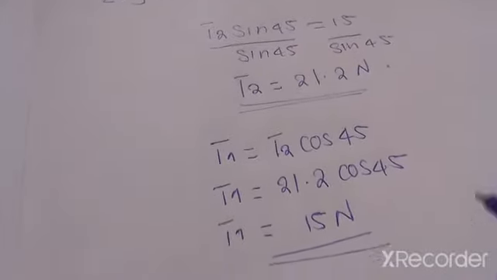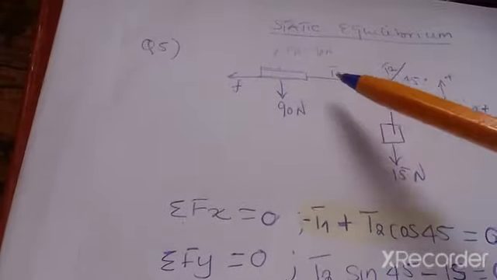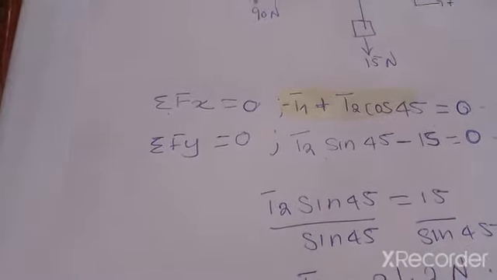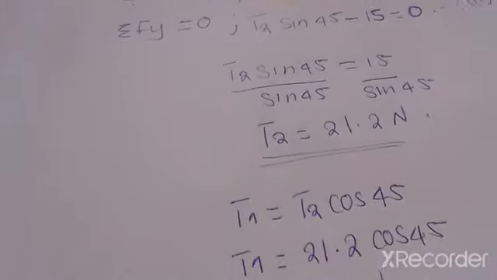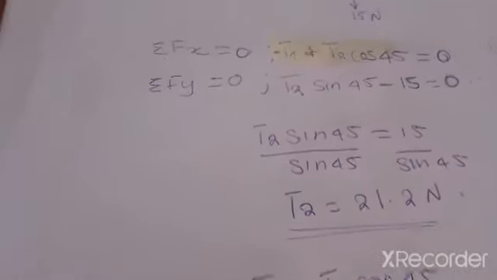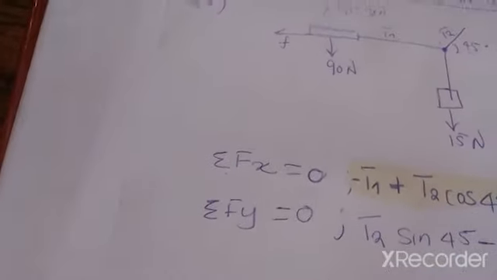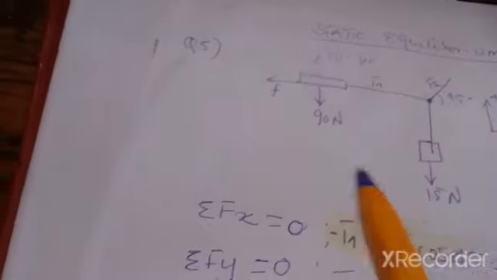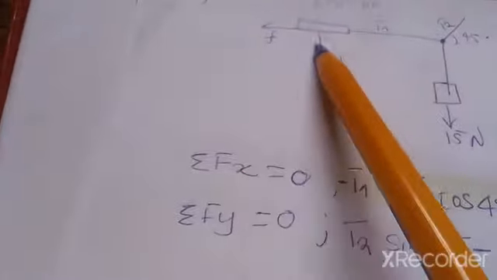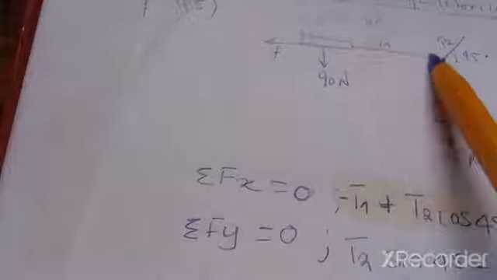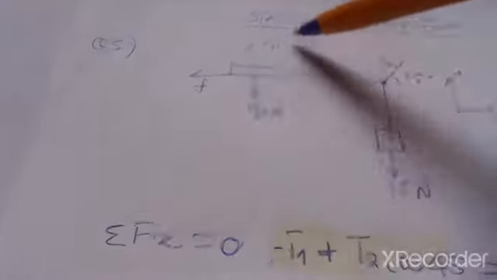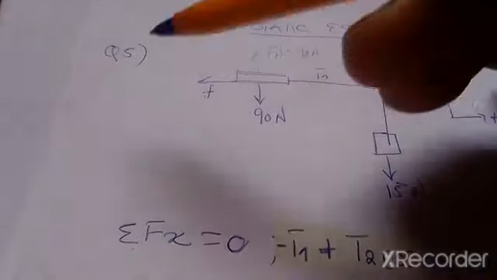That's our T1, the force that is here. T1 is going to be equal to 15 newtons. Now that we've got the 15 newtons, we have to show that the weight of this block can keep the system in equilibrium. Since we're done with this part, we can focus on this part now.